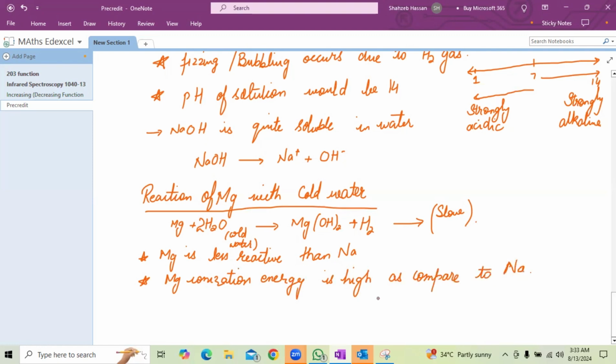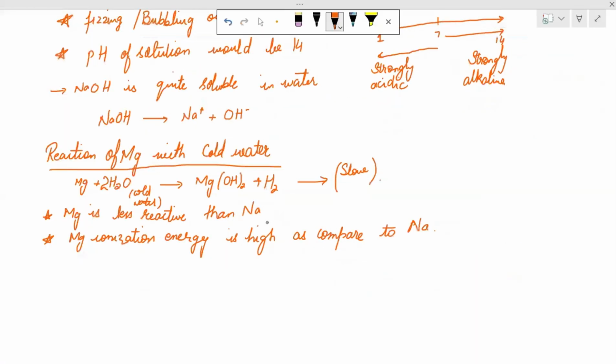You must know that ionization energy plays a very important role in the reactivity of our metals, as ionization energy is the energy required to remove an electron from the outermost shell of an atom. So its ionization energy is quite high, so high energy is basically required to remove its outermost electrons.